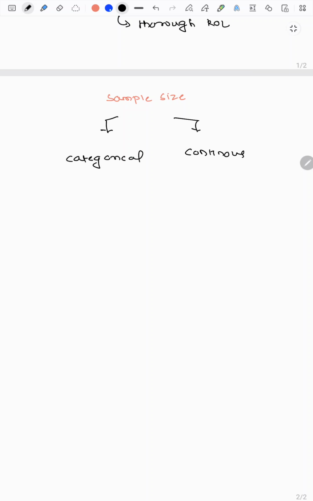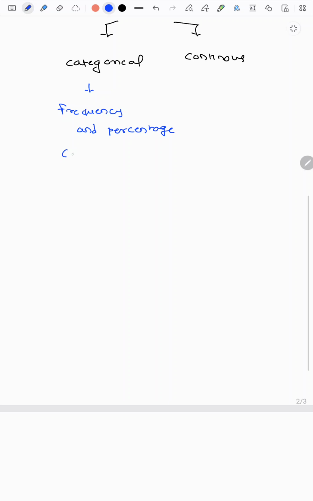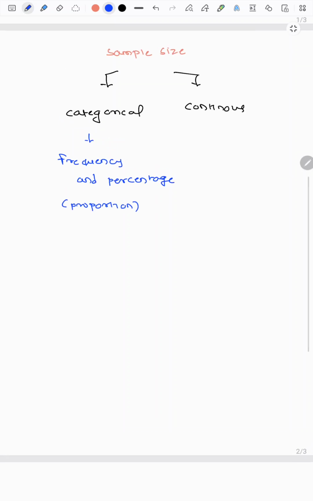If we are dealing with categorical data, we may have frequency and percentage, which will be reported as proportion. And if we are dealing with a continuous variable, we may have mean plus minus standard deviation, which is denoted as sigma.